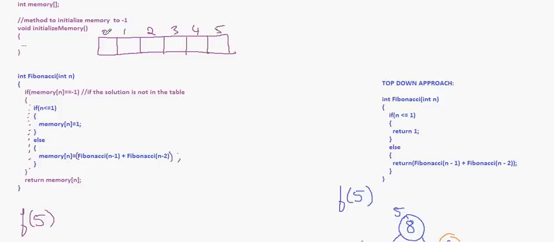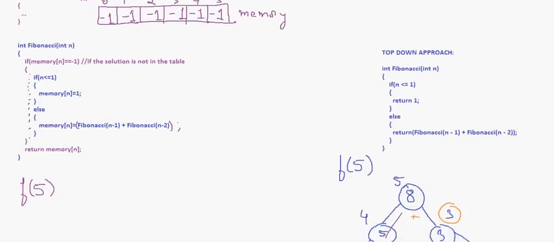So initialize the memory. I call this array memory, and in initialize memory, assume that we put all the elements of the array with -1. So -1 indicates that we have not calculated the Fibonacci until now.